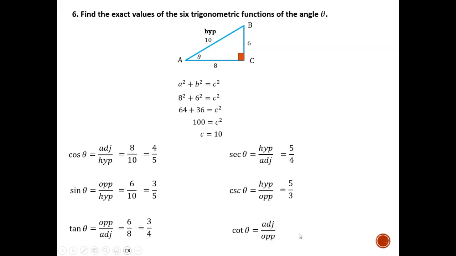Reduces to 3 over 4, and you easily have cotangent now because it's 4 over 3. So another important concept to remember is how to find the 6 trig values from a triangle. Keep those definitions in mind and remember how to solve the right triangle with Pythagorean theorem.